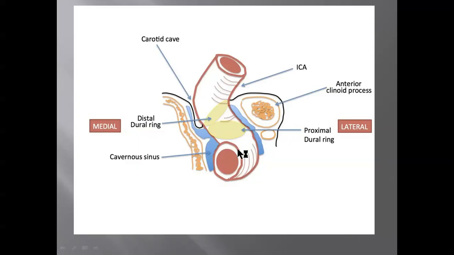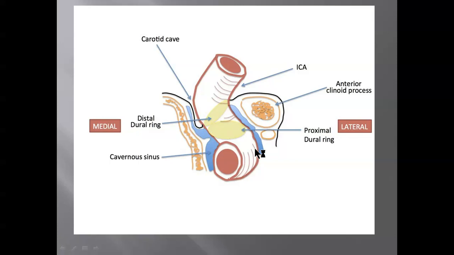Again, this same picture represents the same thing. We have the proximal dural ring and the distal dural ring over here. Now this is the posterior view. Posteriorly, the internal carotid artery is not completely surrounded by this dura mater, so it forms like a collar intersecting like this.